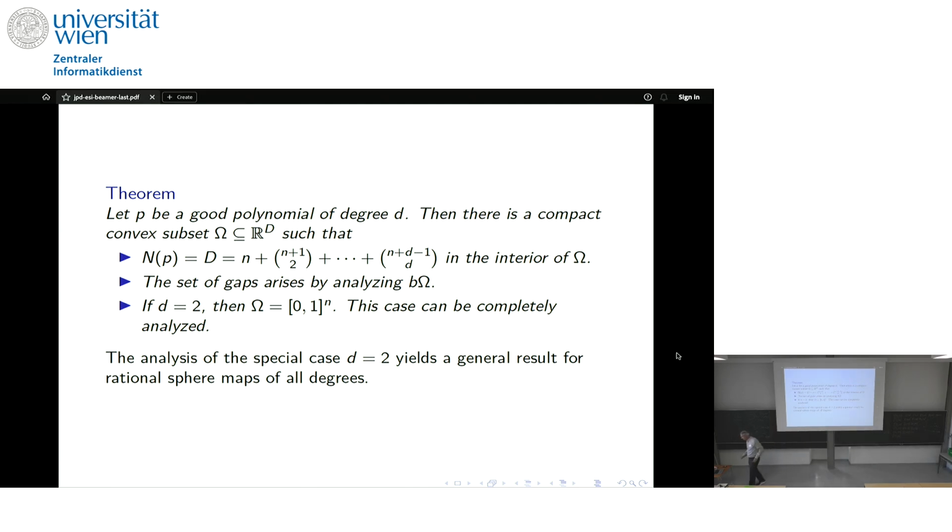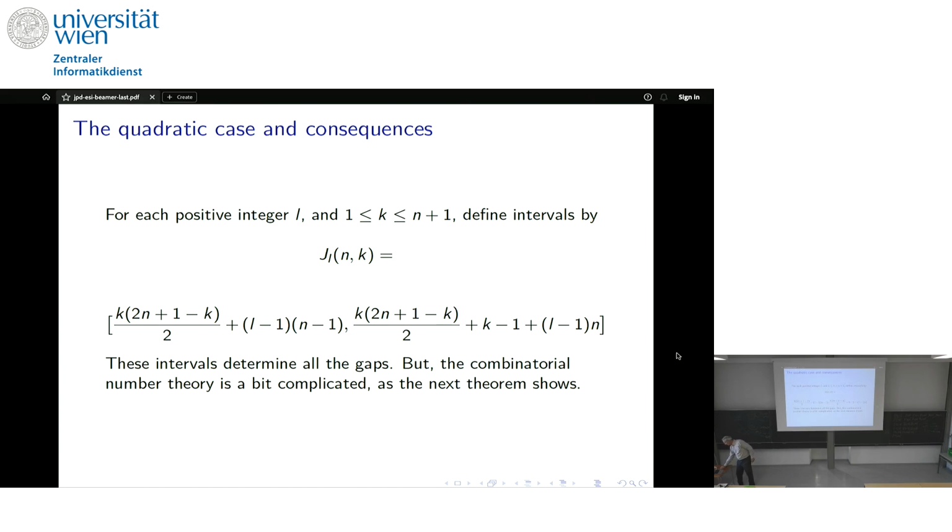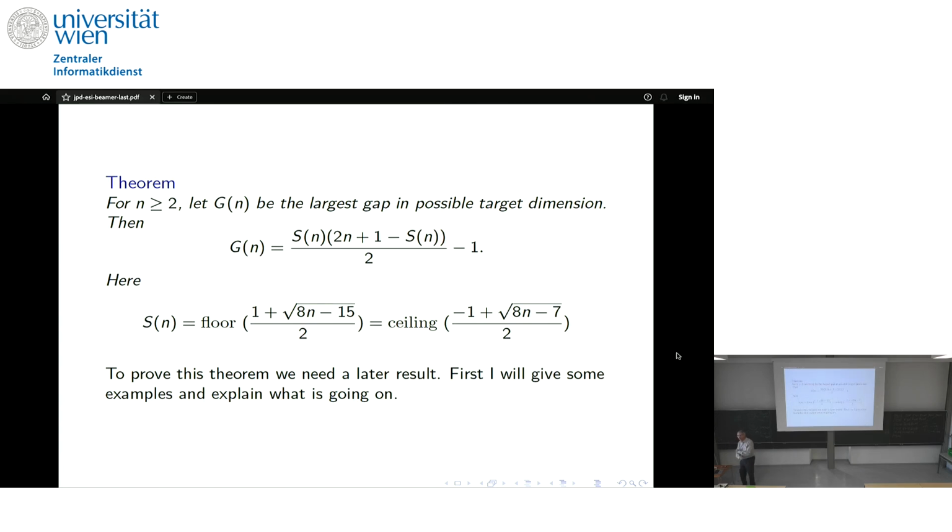Now, the formulas for these gaps. Here's the stunning thing. It's actually possible to figure out what this number 104 is. It's unbelievable.